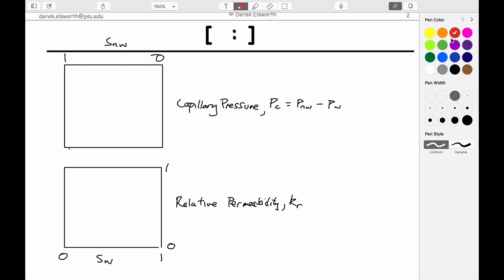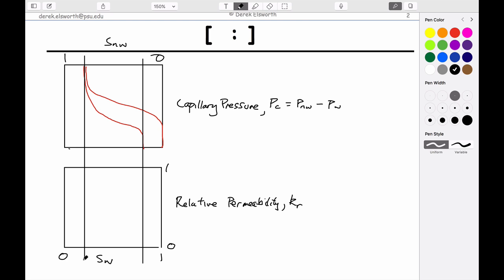We know a little bit about what these curves look like. See if I can draw it better than I usually do. We could draw some bounding curves here that we've seen before.